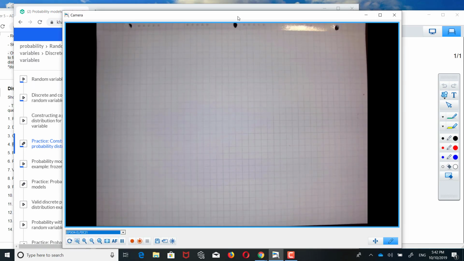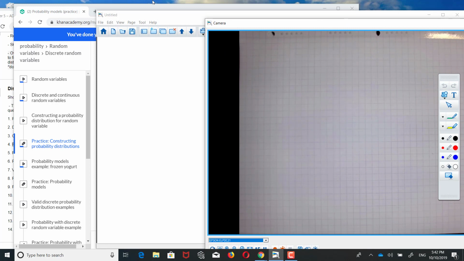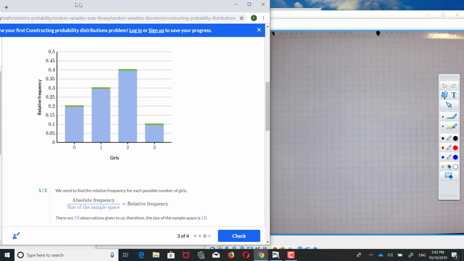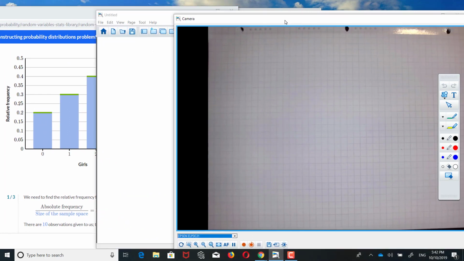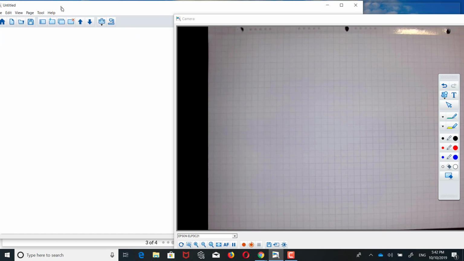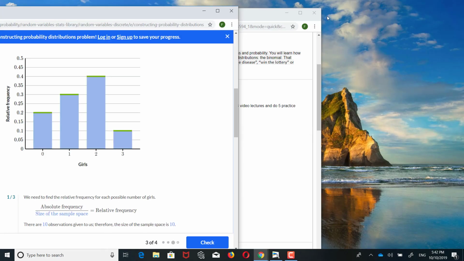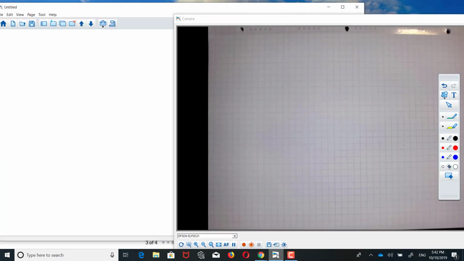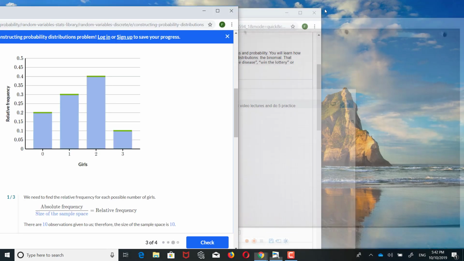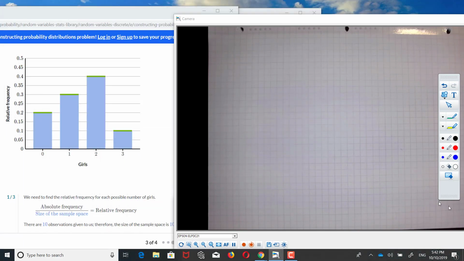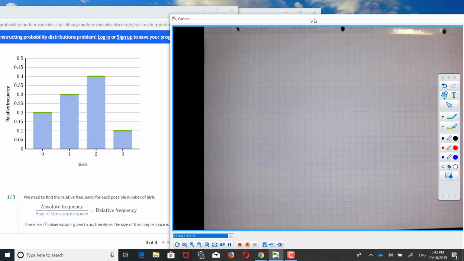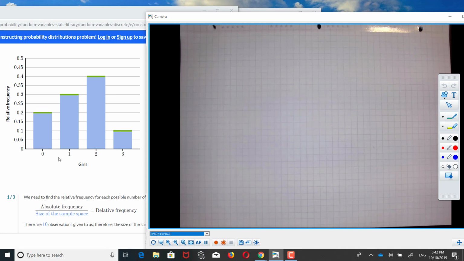For example, let's take a look at this graph.